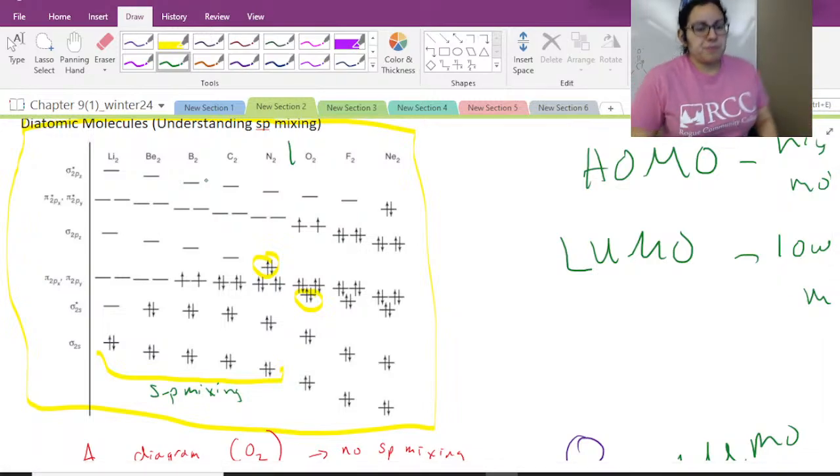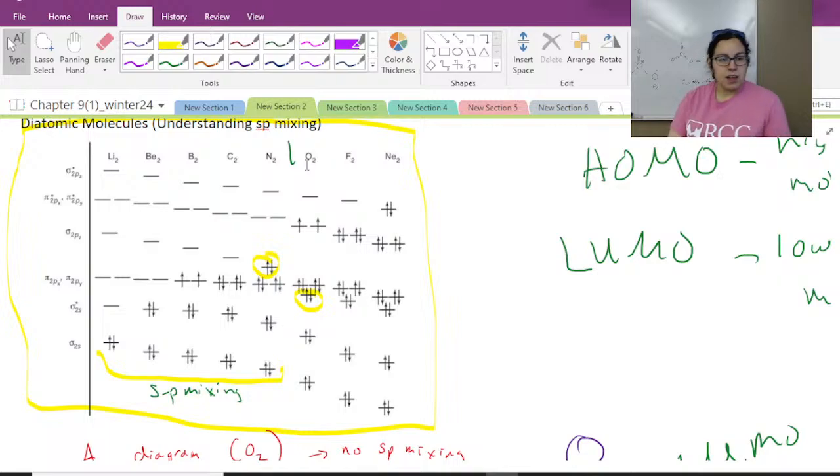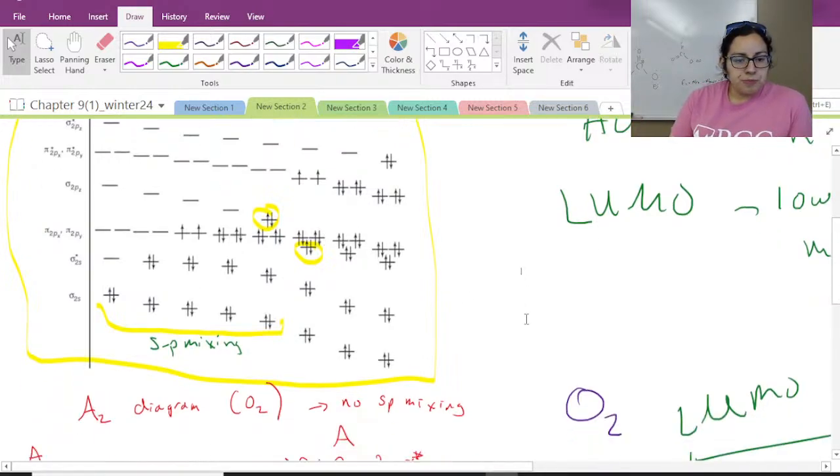And this is always a thing that chemists will talk about, is how much mixing to invoke, and that's where you get into more computational chemistry. And it is tricky, right? If you're trying to do an MO diagram between nitrogen and oxygen, then it's like, do you have mixing? Do you not? And that's where computational chemistry can help, but that's kind of the general rule.